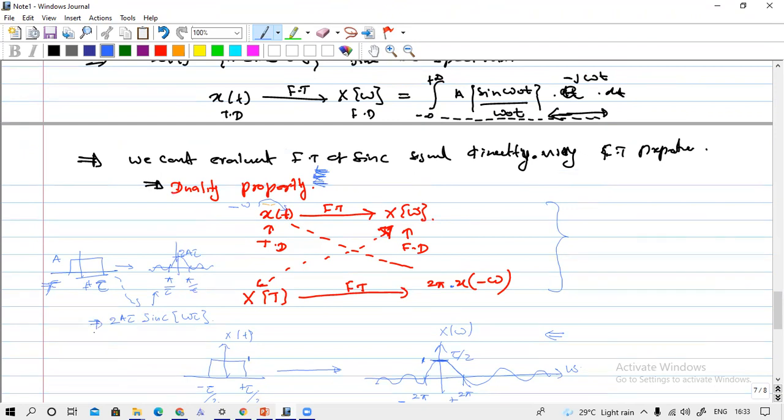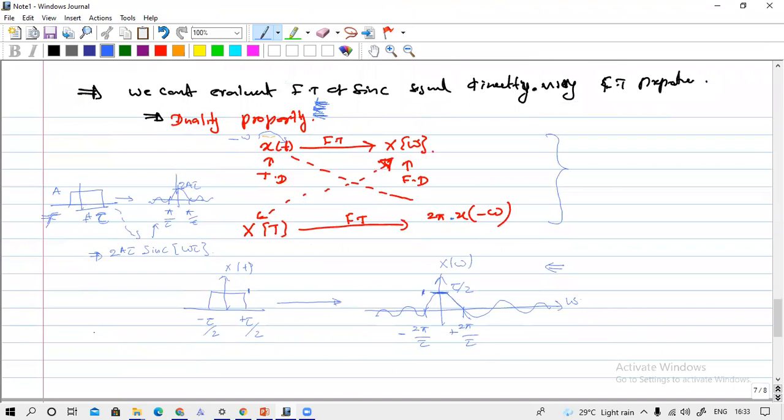Now we reduce this tau. We remove this A, so we call it 1. So here we will take minus tau by 2 to plus tau by 2. That means the width is only tau. So here instead of 2 tau, we will have 1 tau.